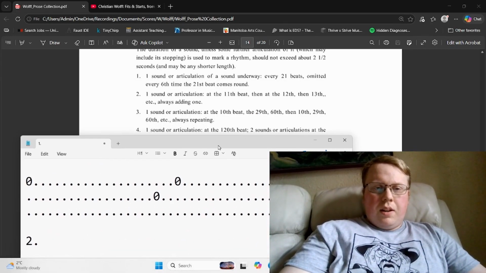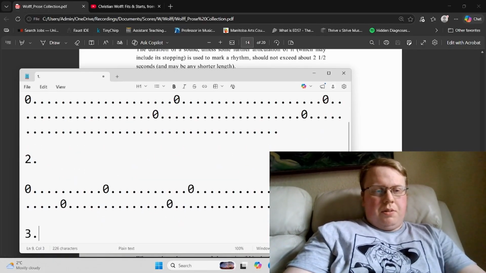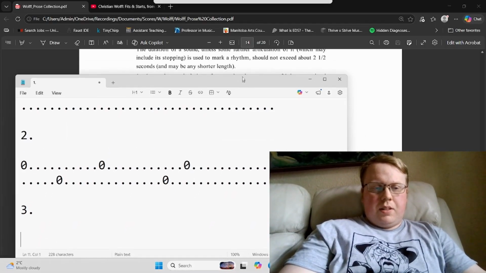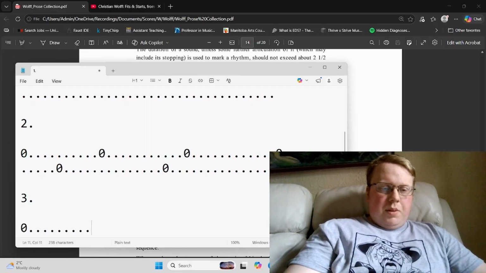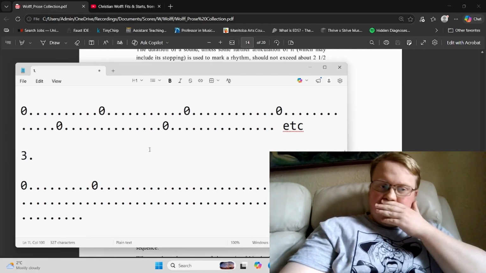Sequence three is a repeating pattern of three things. So it goes, what is it? 10 beats, 29 beats, 60 beats. So boom, 29 beats, and then 60 beats. So that's the repeating pattern there.